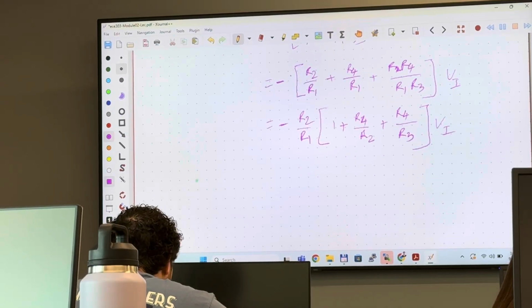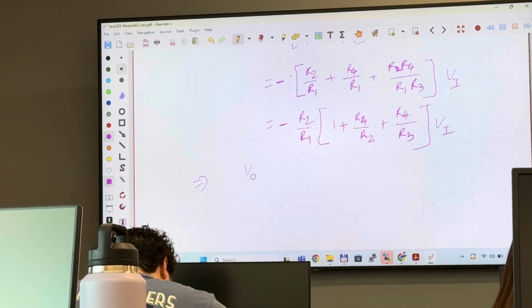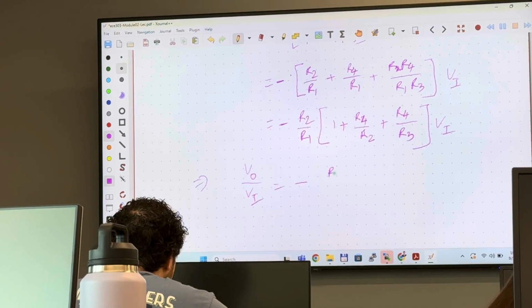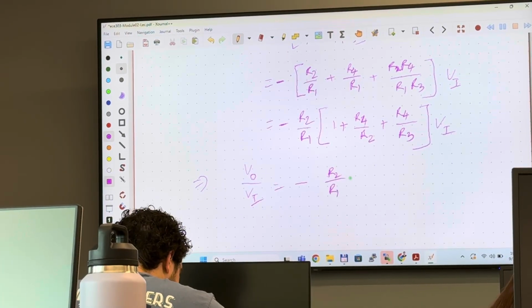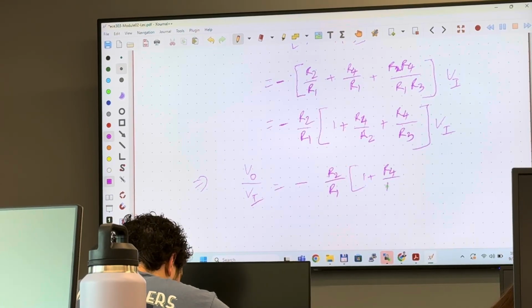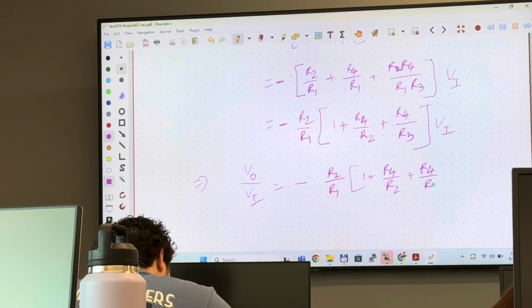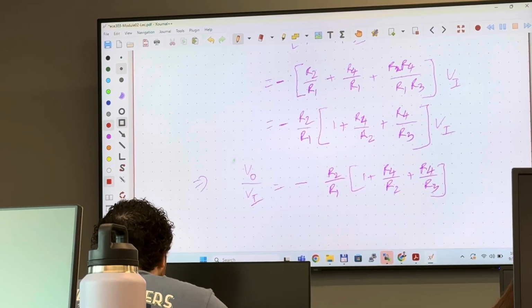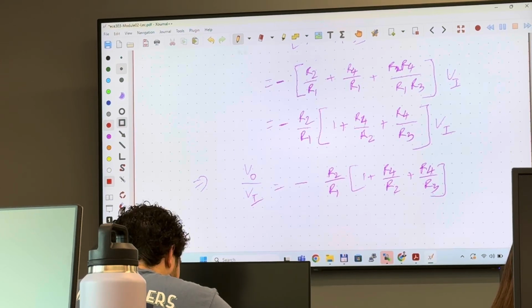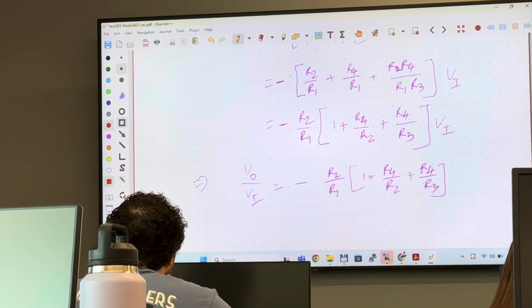So therefore, V0 over V sub I is simply negative R2 over R1 times 1 plus R4 over R2 plus R4 over R3. You can make it nice, actually.